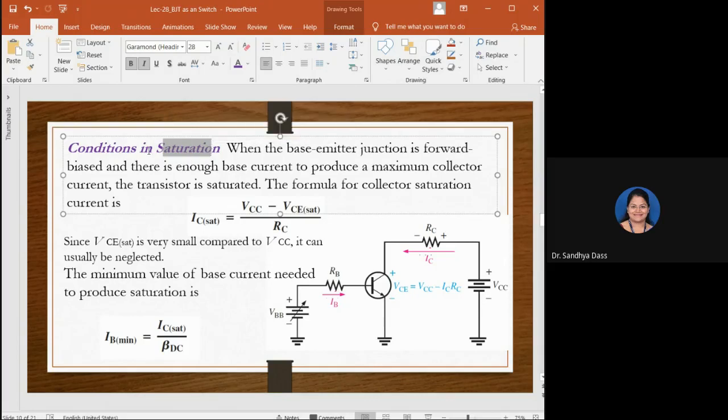Both the junctions are forward biased, and if you apply KVL you get VCE equal to VCC minus IC RC. Please note down: IC sat is equal to (VCC minus VCE sat) by RC.